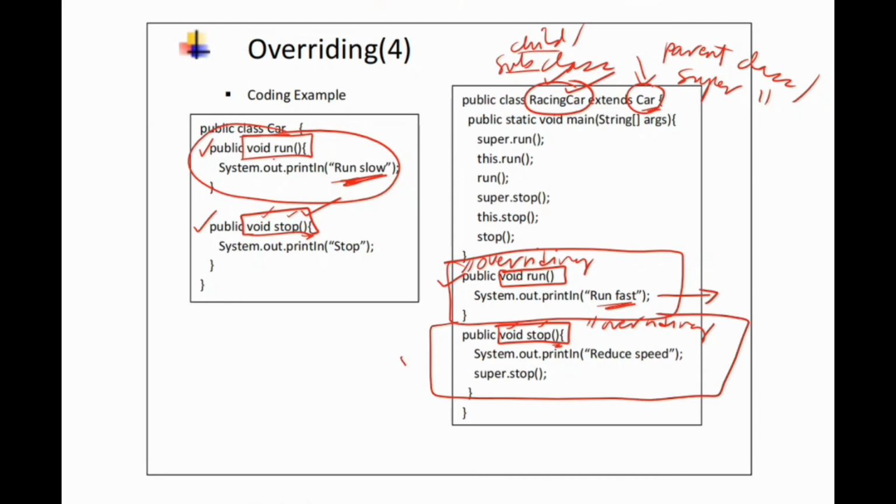The implementation of the stop method in the parent class is "stop", while the implementation in the child class is first "reduce speed", and then it calls the stop method of the superclass. Super.stop refers to the parent's method, so that is the one being called, not this one.